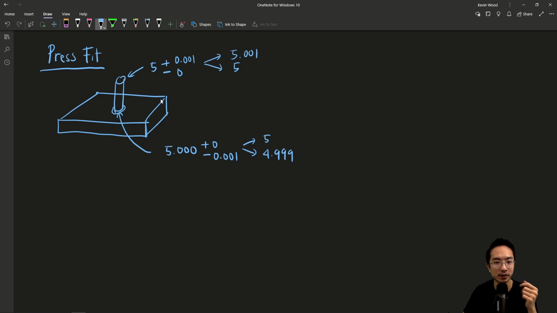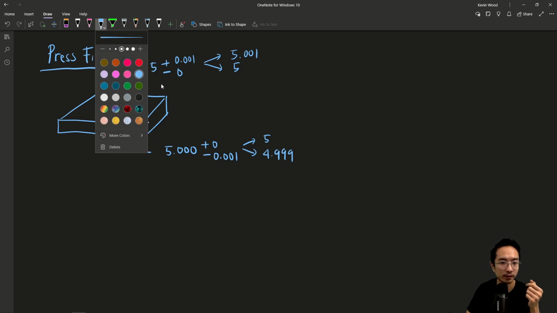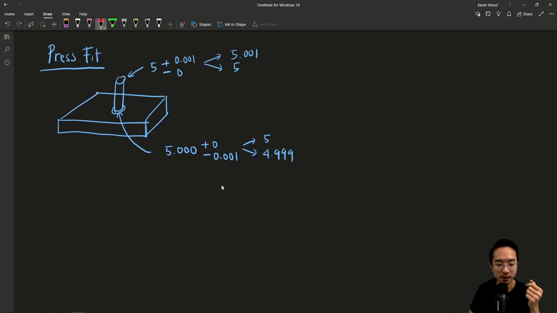So now if we take a look at it, in red, we're gonna see 4.999 minus the biggest one, 5.001. It's gonna give us a minus 0.002. So it's gonna be an interference of 0.002.